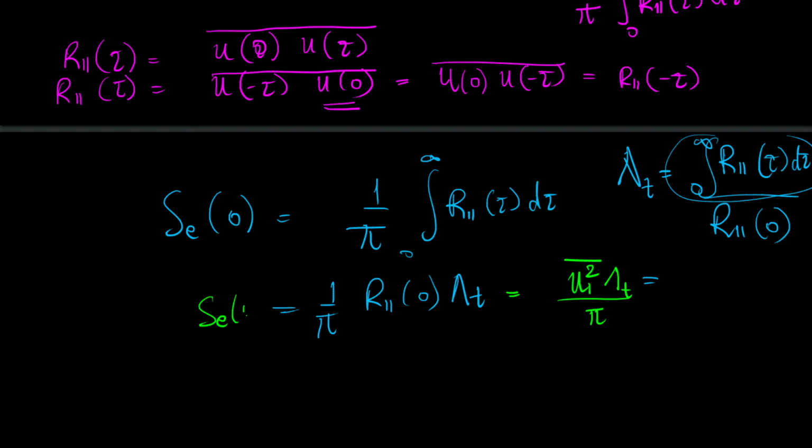So the energy contained in the zero frequency is this, and it is related to the fluctuating kinetic energy. So this is basically the fluctuating kinetic energy. This is basically the integral time scale.